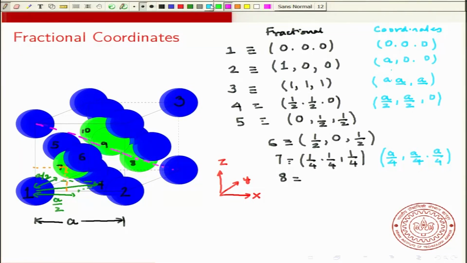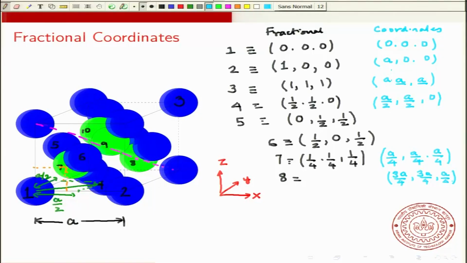And so its x coordinate is 3a by 4, the y coordinate is also 3a by 4, and the z coordinate is a by 4.